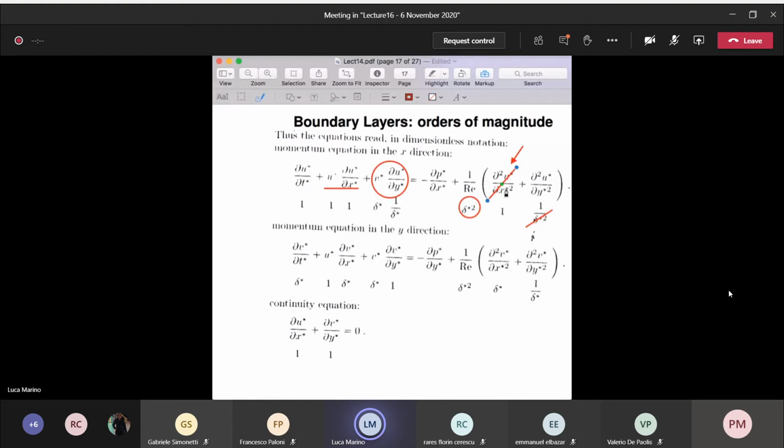Delta for large Reynolds is very small, and so we are justified in cancelling this derivative. So the boundary layer approximation of the balance of momentum in the x direction is just the same as Navier-Stokes without this term.